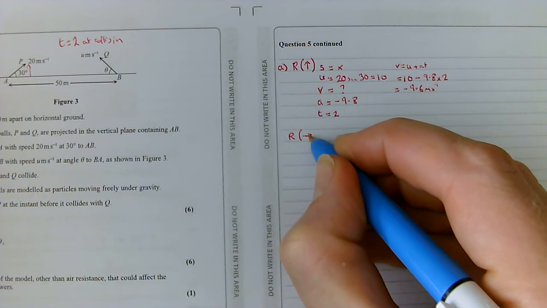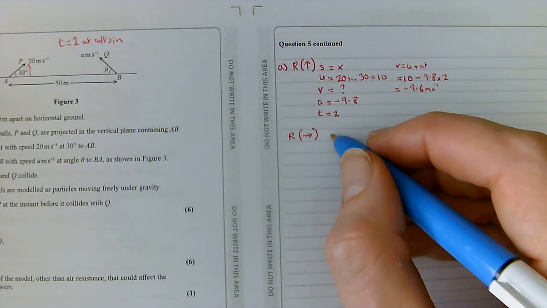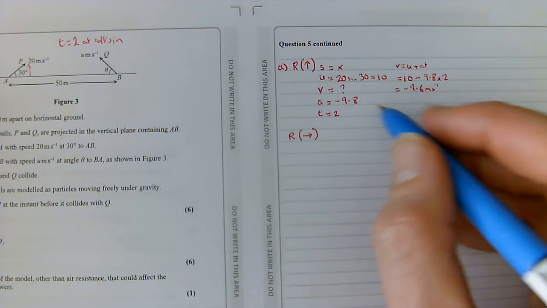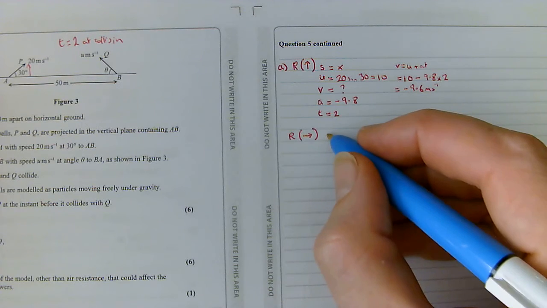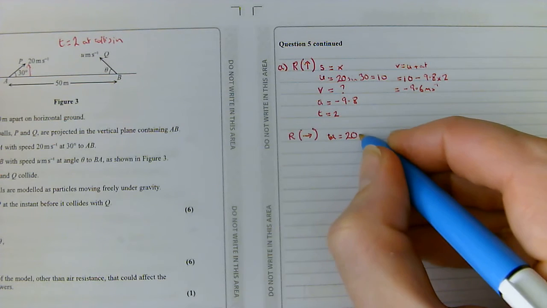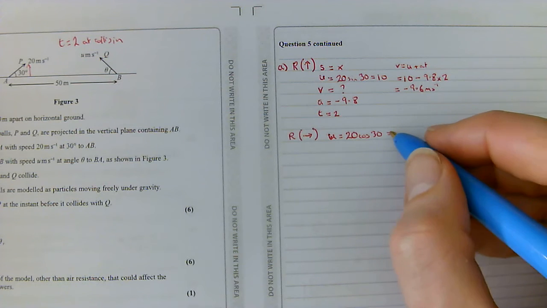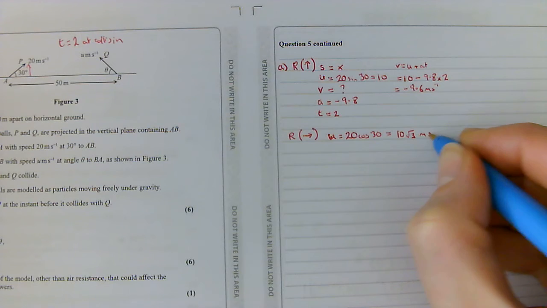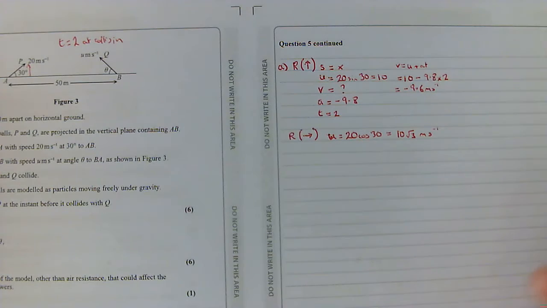When I'm looking at horizontal, I would just use distance equals speed times time, because your acceleration is 0. So my velocity is actually going to remain unchanged from what it was at the outset, so U is equal to 20 cos 30, which is 20 times root 3 on 2, which is 10 root 3 meters per second. Because I could set it out in exactly the same way, but because A is 0, V and U are going to be exactly the same.